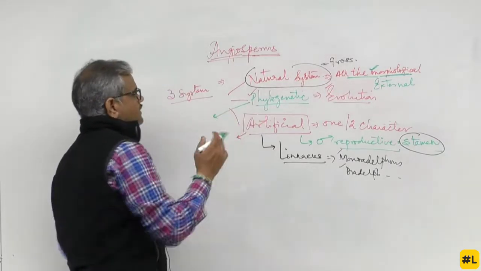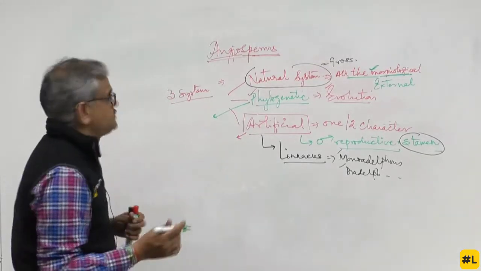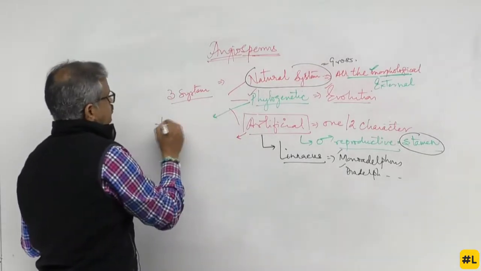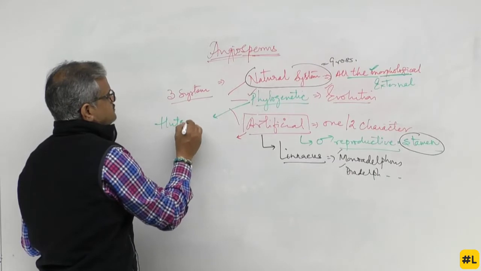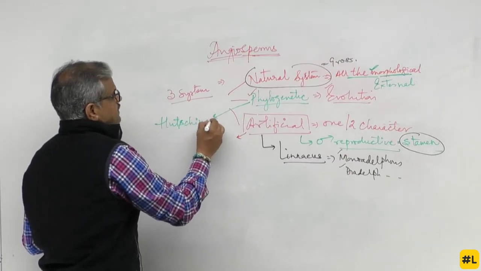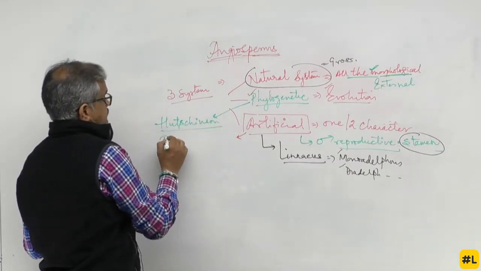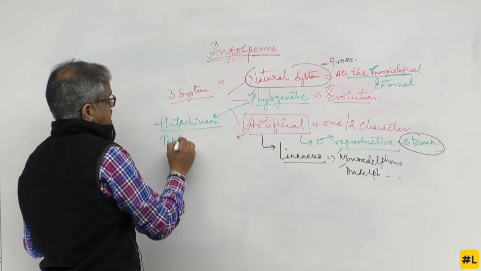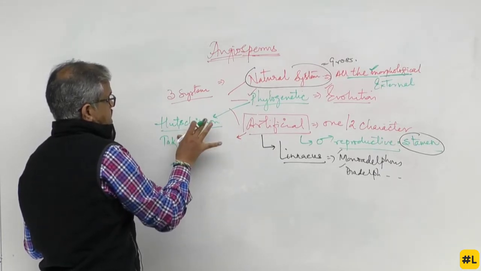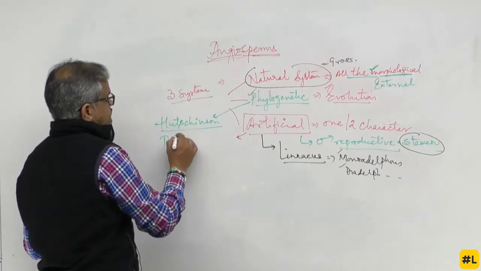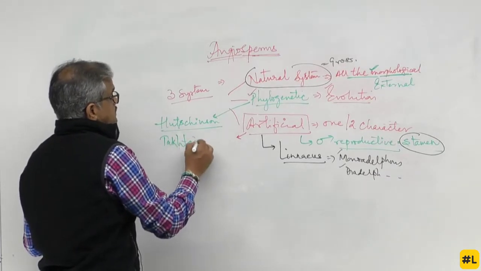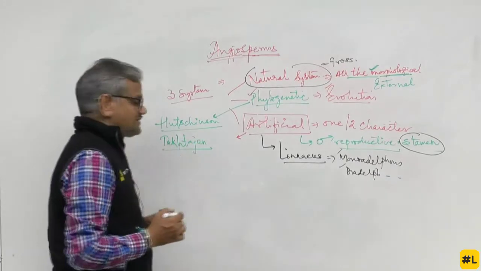Phylogenetic is one of the most advanced classifications, in which the most prestigious name that comes is Hutchinson's classification. Takhtajan, a very nice person from Iran, and you know what Takhtajan said?